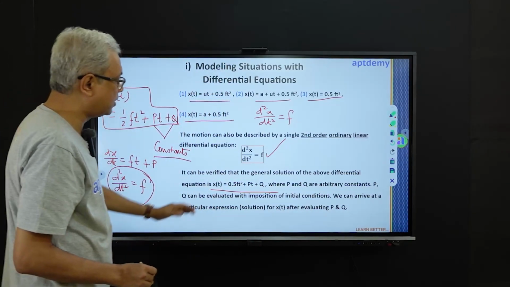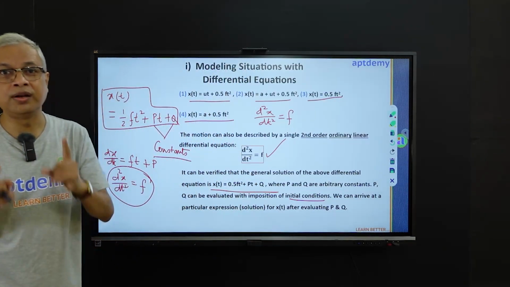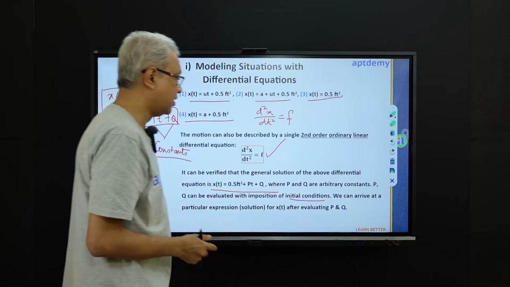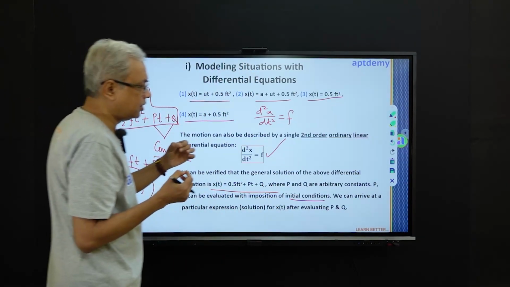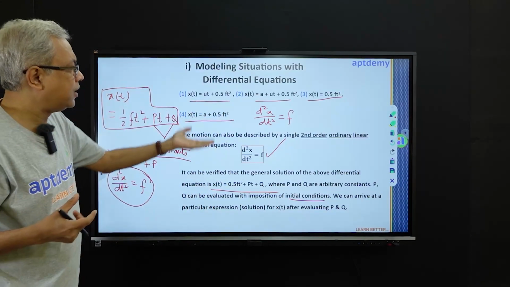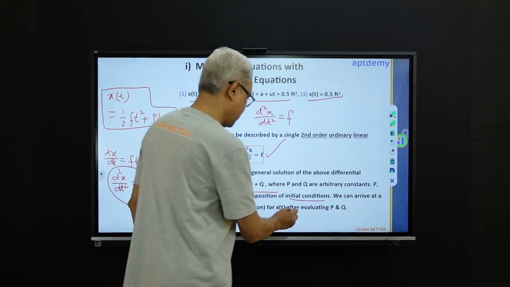P, q can be evaluated with imposition of initial conditions, and to evaluate p and q, we need two initial conditions, and then we can find out the values of p and q for any of the four situations.